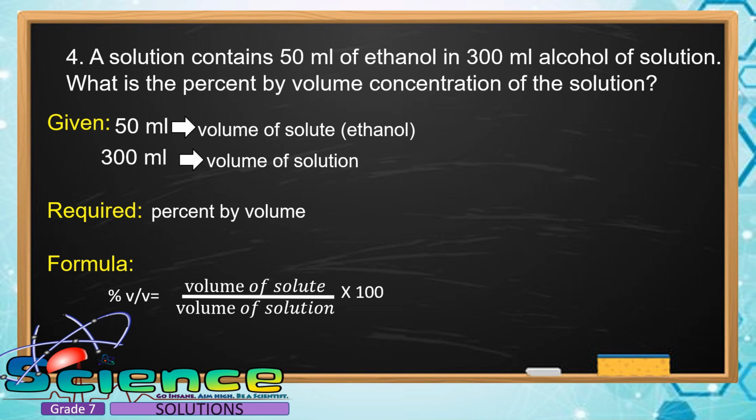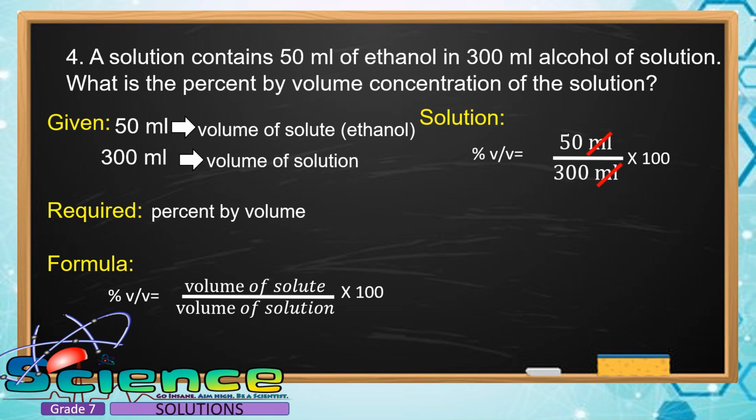To solve the problem, we simply substitute what are given to the formula. We have percent by volume is equal to volume of solute, which is 50 ml, over the volume of solution, which is 300 ml, multiplied by 100.